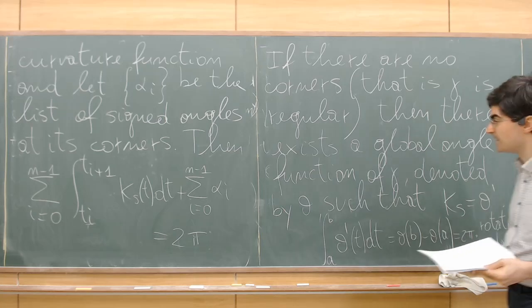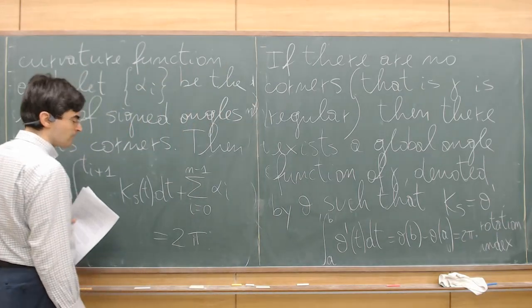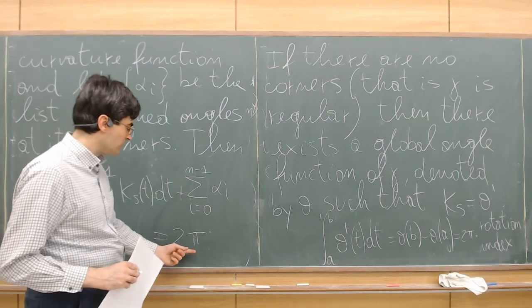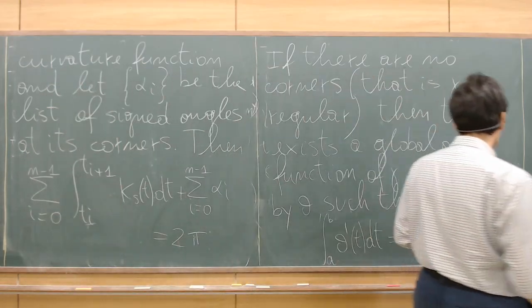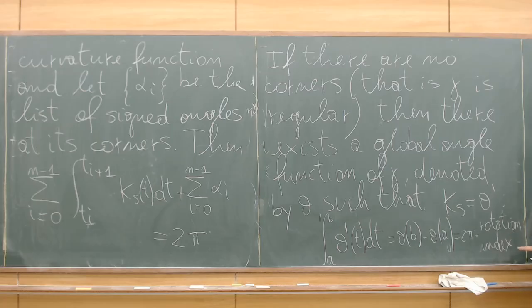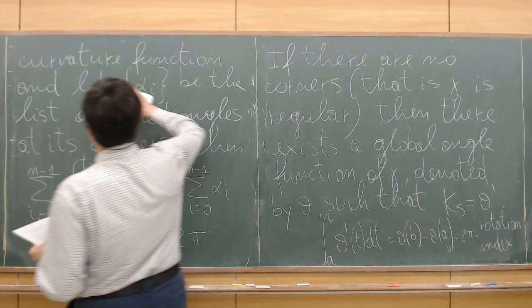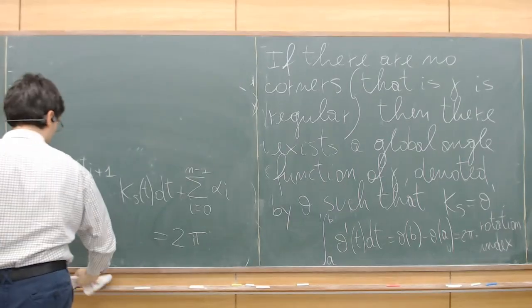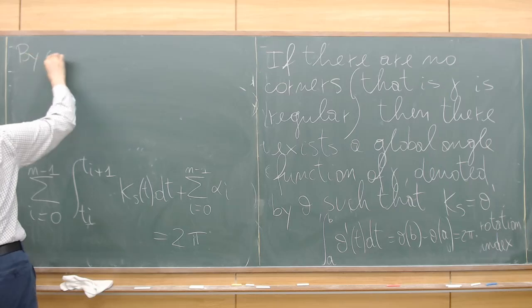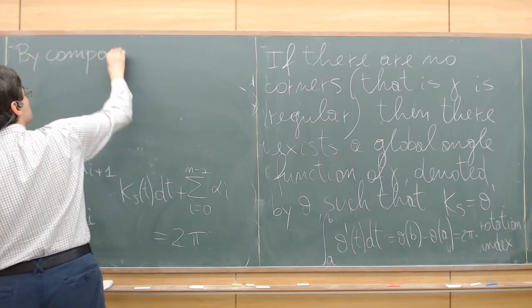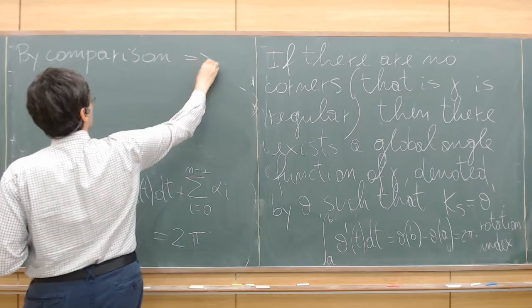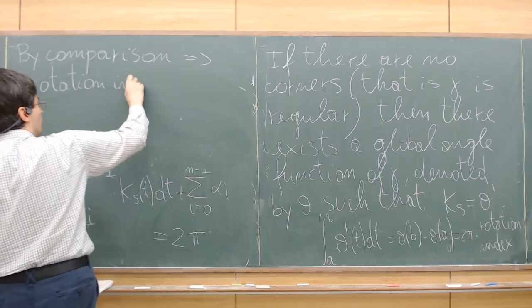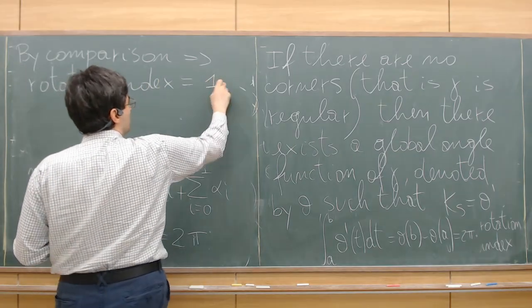So this result combined with this one, precisely looking at the right hand side, we have that 2 pi must be equal to 2 pi times the rotation index, and this implies, by comparison, that the rotation index is equal to 1.